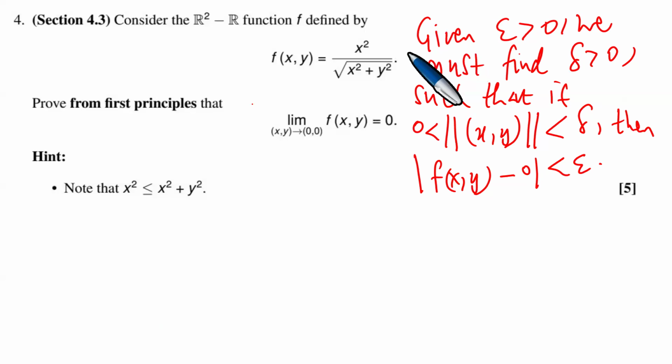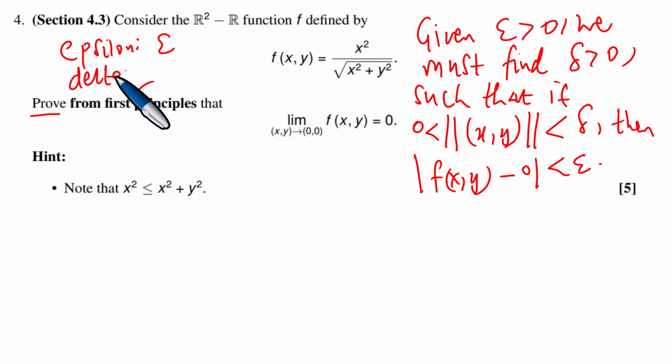This is how we start the first principles proofs, because we must prove from first principles that this limit is 0. So given epsilon positive, we must find delta positive such that if 0 is less than the modulus of (x, y), less than delta, then this is less than epsilon.